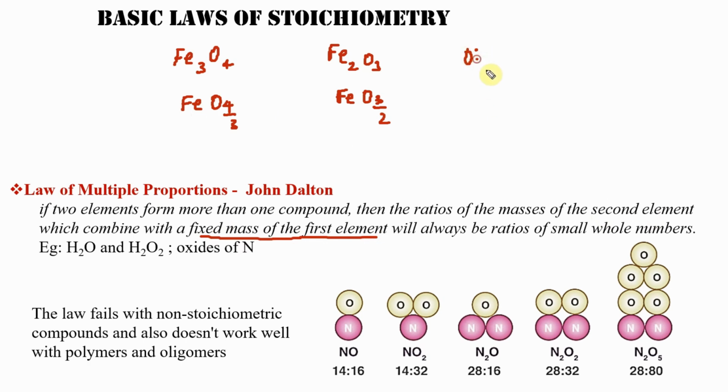So the oxygen mole ratio is 4/3, 3/2, correct? First one, second one 4/3. What's the mass ratio? 4/3, 3/2 again, because moles to mass is multiplying by molar mass. Molar mass is the same for oxygen, it will get cancelled out. Now if you see, you can cross multiply.